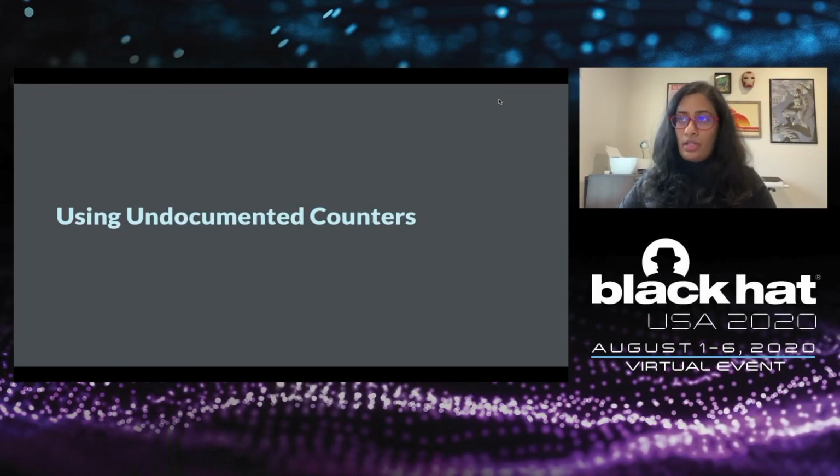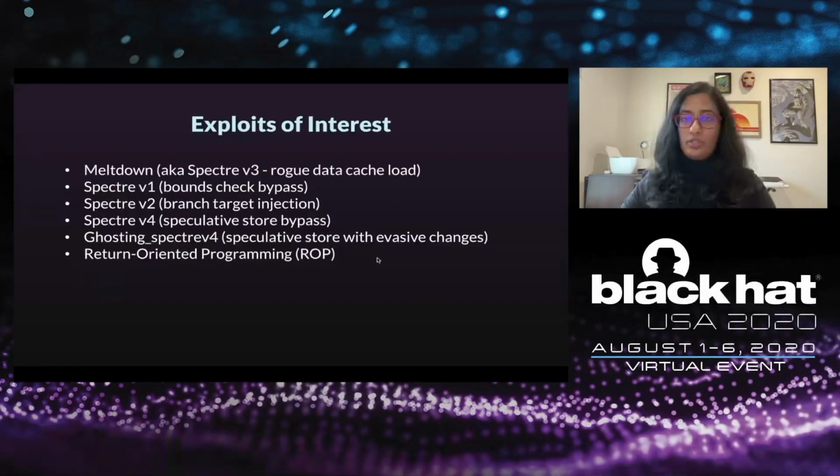All right. Now that we have zeroed in on which undocumented counters we want to use as features for our models, let's see how the experiments went. The exploits of interest for us were Meltdown, aka Spectre v3, which is the rogue data cache load, Spectre v1, which is the bounds check bypass, Spectre v2, which is the branch target injection, Spectre v4, which is the speculative store bypass, and Ghosting Spectre v4, which is the same as Spectre v4 but with evasive changes that Ghost made, to make sure we bypass the existing detections using known performance counters, right?